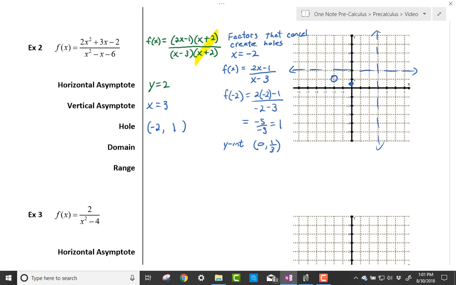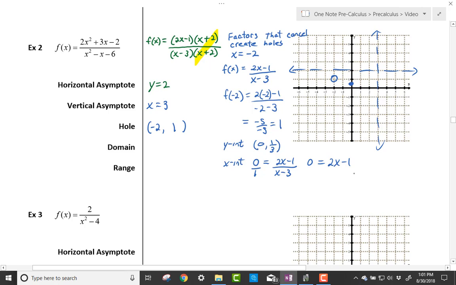But let's finish up. Let's find some x-intercepts. This time again, 0 for y equals 2x minus 1 over x minus 3. I'm going to put a 1 under the 0 and cross multiply. 0 times x minus 3 is 0. 1 times 2x minus 1 is 2x minus 1.